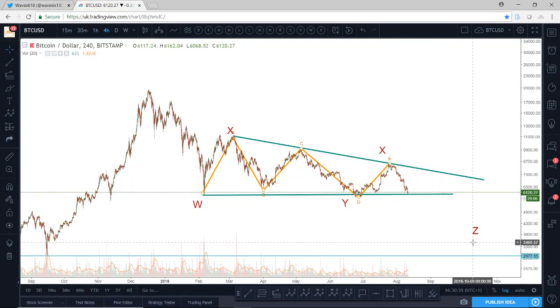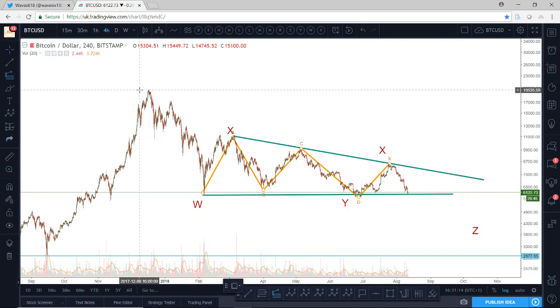So I'm very happy with this setup, and the reason this is important is because it helps us determine our target, because there's very often a Fibonacci relationship between this wave coming into the triangle pattern and this wave that leaves the triangle pattern. So I'll quickly, whilst we're talking about the triangle, just plot that Fibonacci extension.